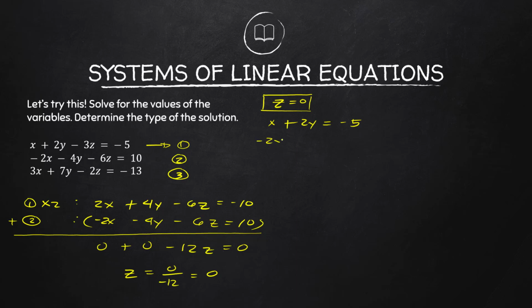We have here negative 2x minus 4y minus 6z, but z is 0, so that will also be 0, equal to positive 10. We have here 3x plus 7z minus 0 again, because z is equal to 0. Oh, this is why.